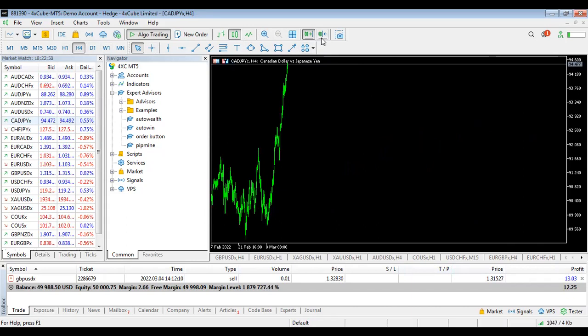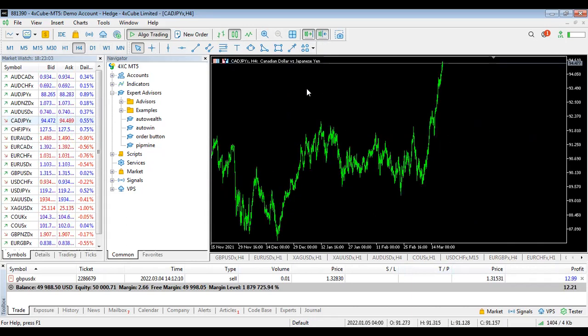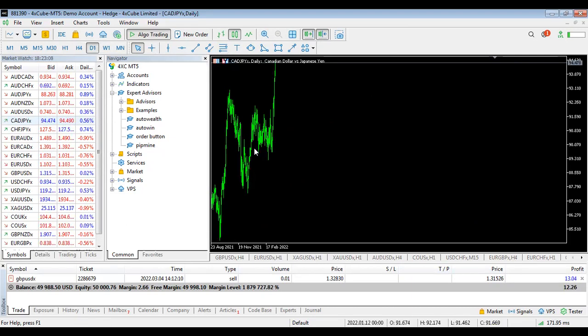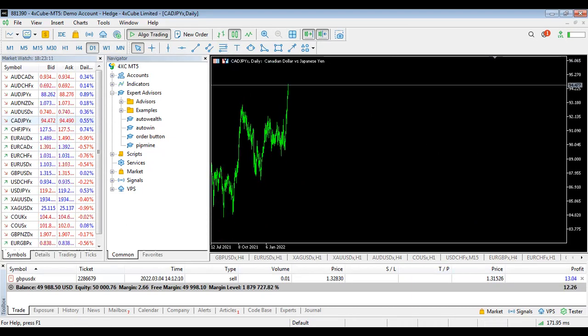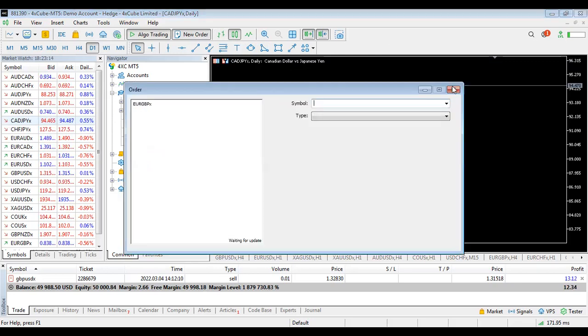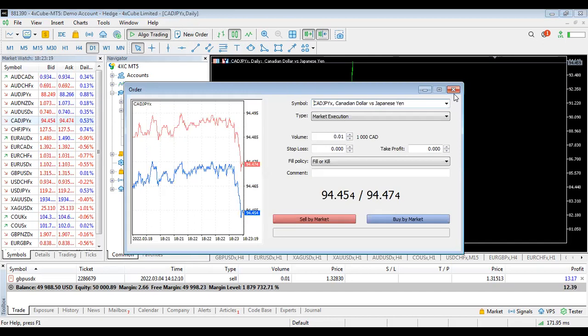So I'll quickly explain all the types of orders here. Firstly, let me do the buy. Buy stop, like we said: you click on new order and you get this dialog box.